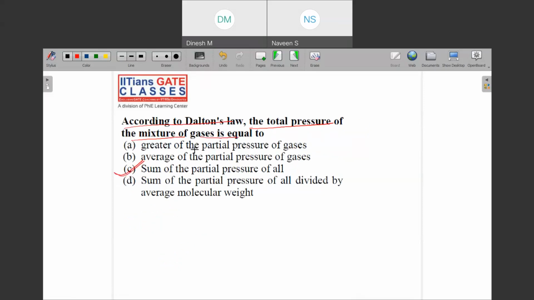See, they will deviate the options by changing some keywords. So it says the sum of partial pressures of all divided by average molecular weight. No, wrong. So in order to avoid confusion, just recall what you have studied. What was the form you studied, and then you try to apply it in the given options, right?